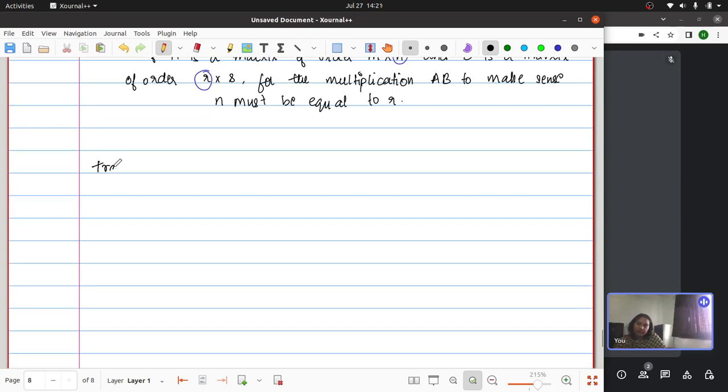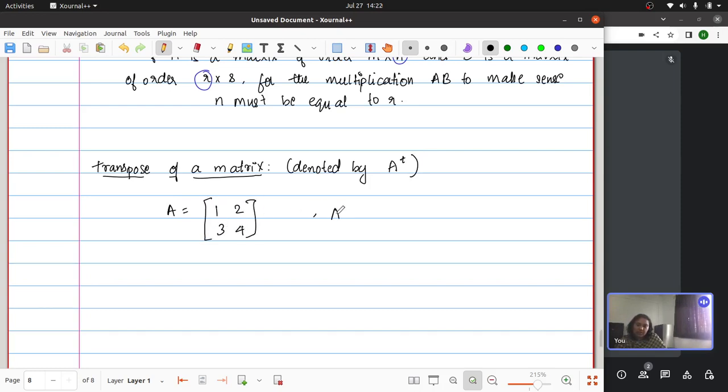Now we'll then look at a concept called transpose of a matrix. So it is denoted by A, this upper T. So if you have a matrix, A transpose would be you just write each row, you make the rows into columns.